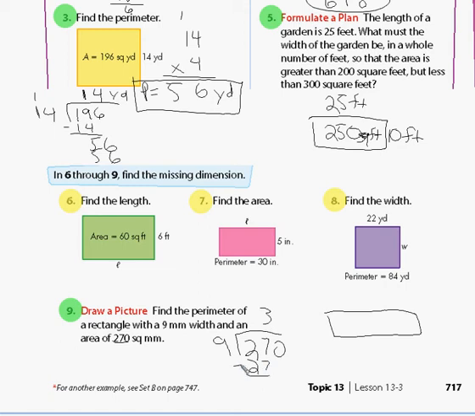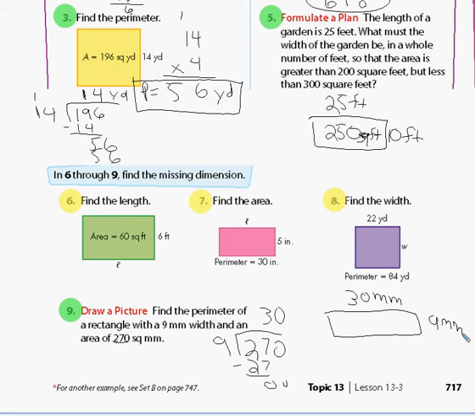So when we subtract, it would give us 0, and 9 goes into 0 zero times. So our answer is 30. Our missing side is going to be 30 millimeters. That's going to be the top side, and this side is 9 millimeters.